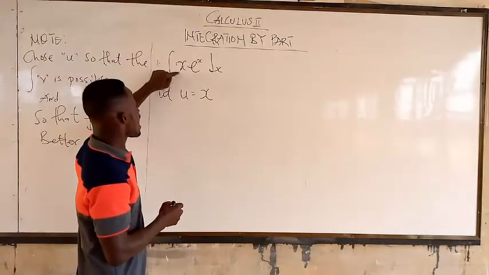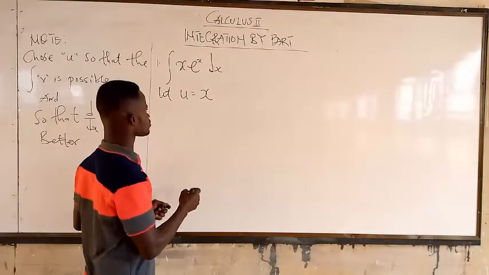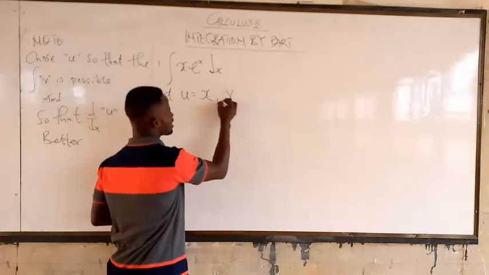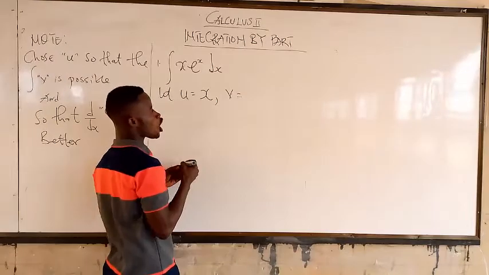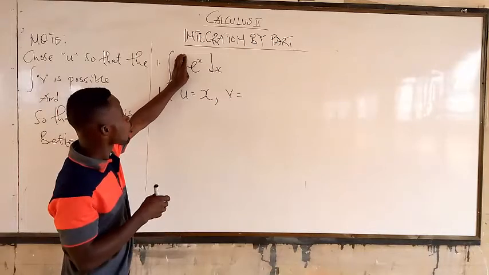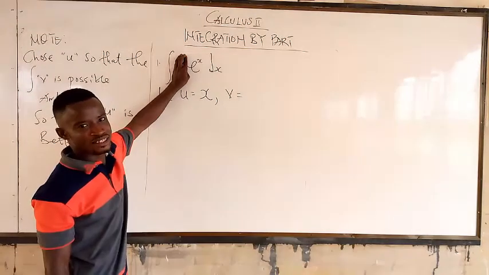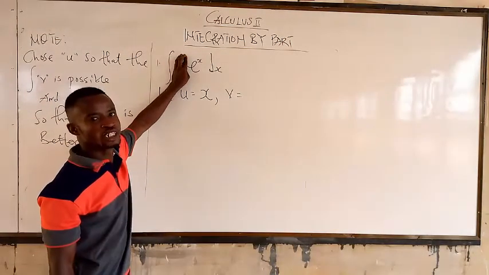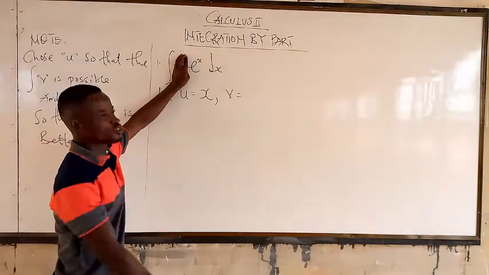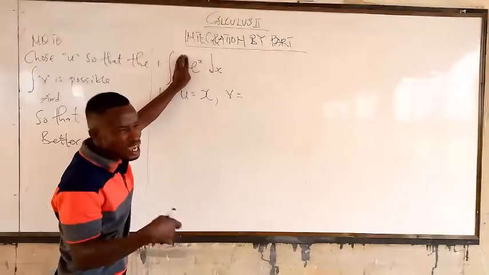Then, how are we going to pick our v? Watch. If u is equal to x, then v will be, if you pick x out, watch. What is left in the integral function? e raised to the power x dx. In short, your v is going to be everything left. Everything left is going to be your what? Your v. I hope you get it.